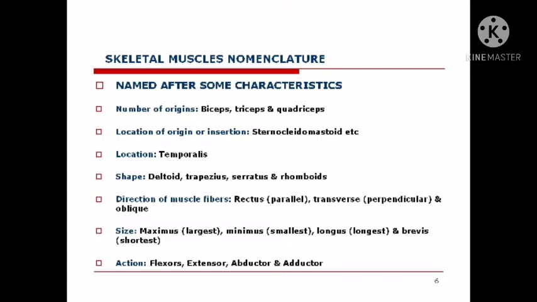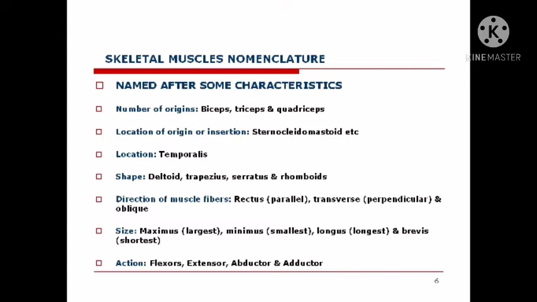That is why it is called sternocleidomastoid. There are so many examples of nomenclature regarding origin and insertion. We will think about it in the coming study of gross anatomy.